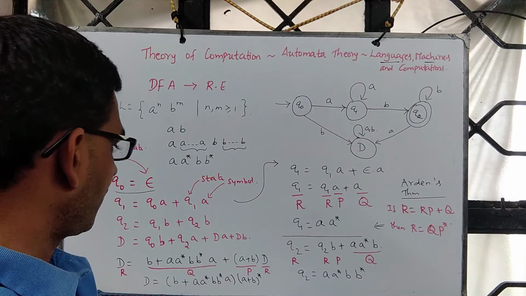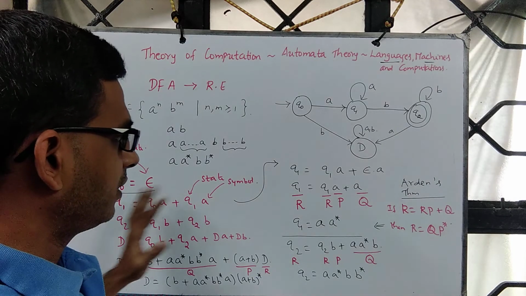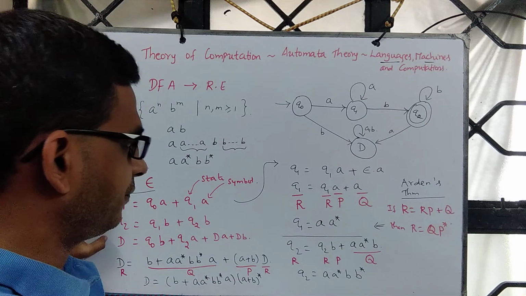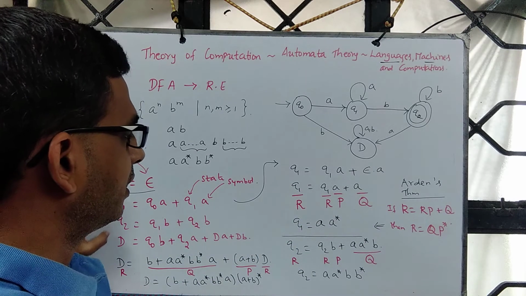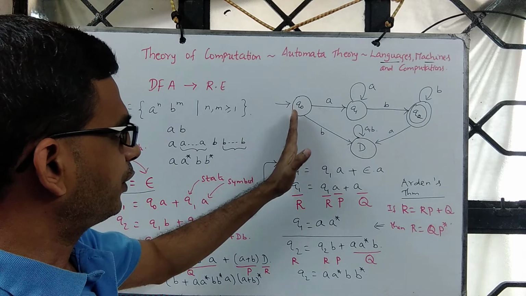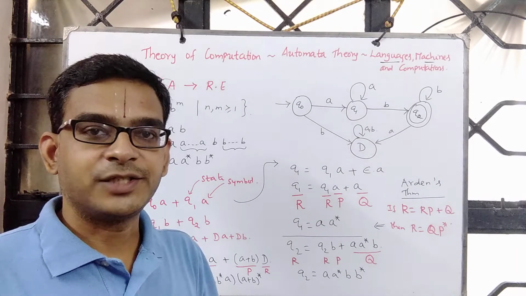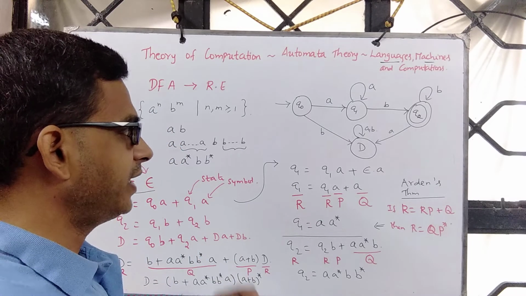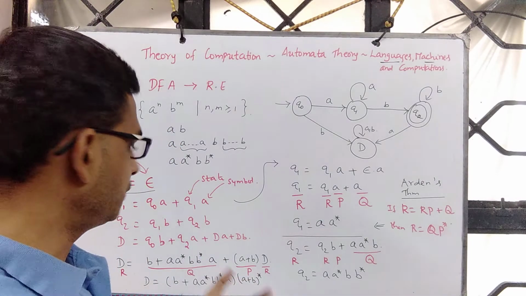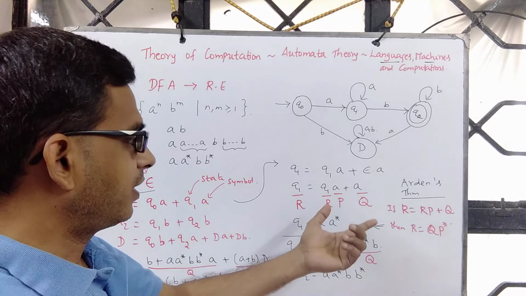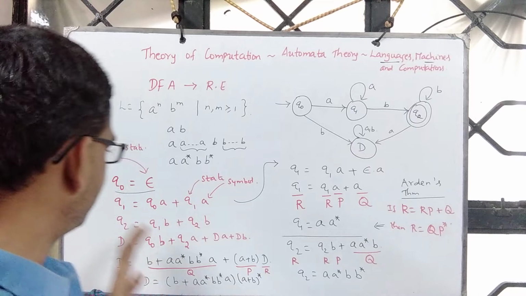Okay. So now what is that we have done using Arden's theorem and using this system of equations? Starting from Q naught, at each state what regular expression one can read, accept. So we developed a system of equations, and the way we have written is like this.